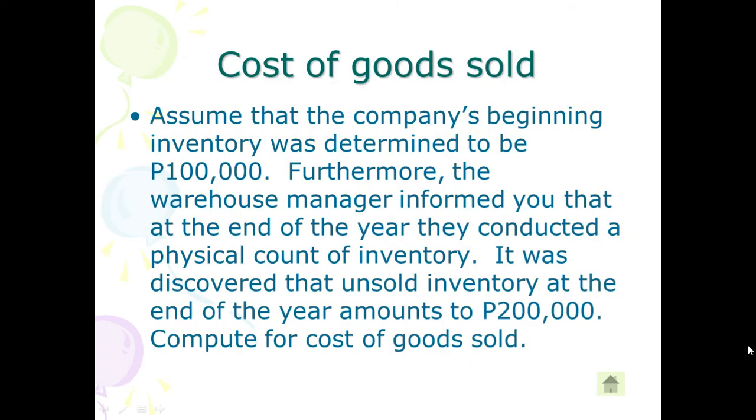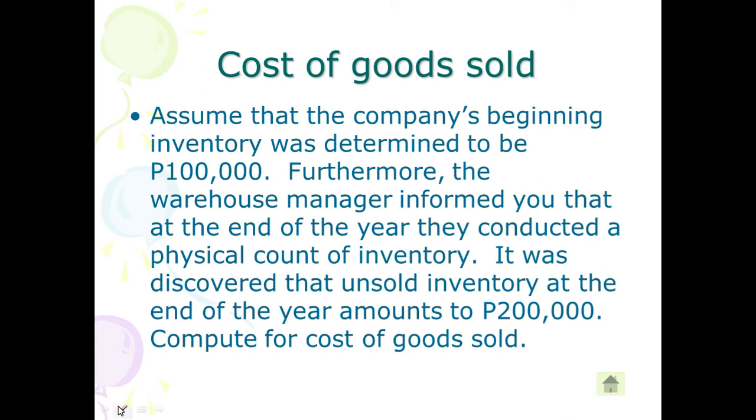Now suppose that we have additional information. Assume that we were told that the company's beginning inventory was determined to be 100,000. They did an inventory count, and it was discovered that the unsold inventory at the end of the year, meaning our ending inventory, amounted to 200,000.